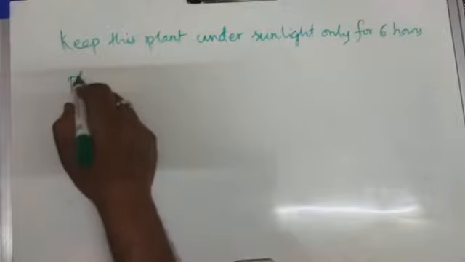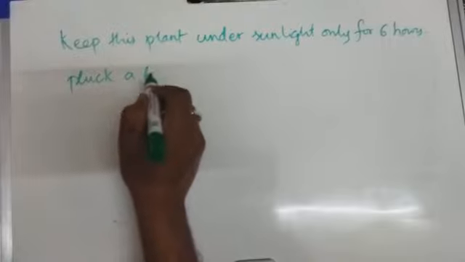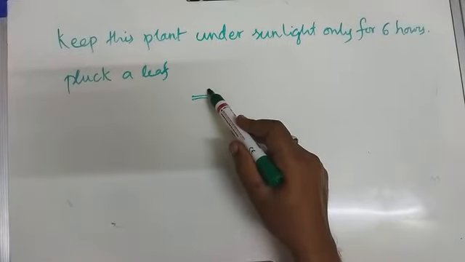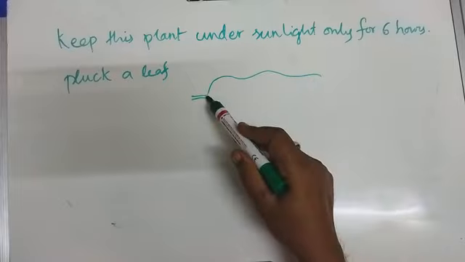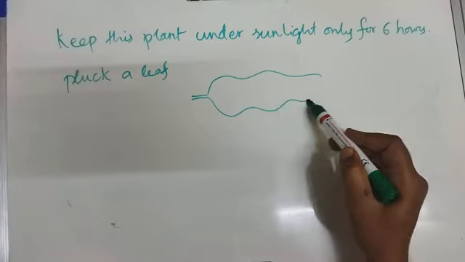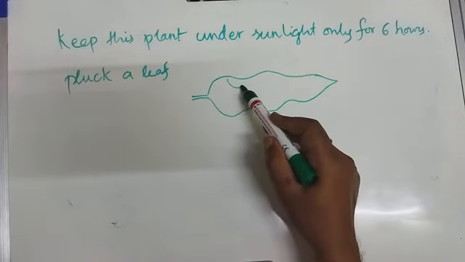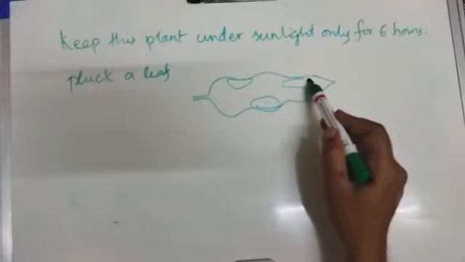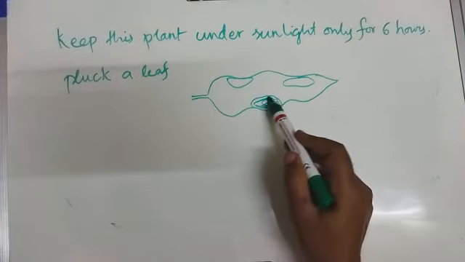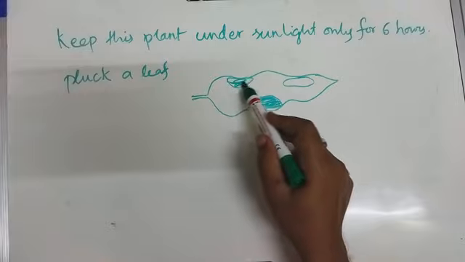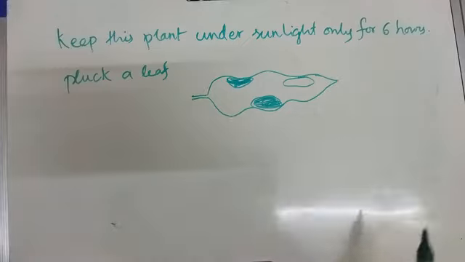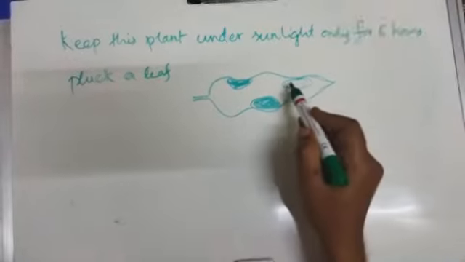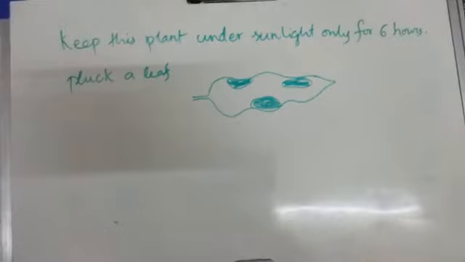Then pluck a leaf. So this is a variegated leaf. There are some green patches. Remaining areas, other color patches may be there, or non-green areas will be there.